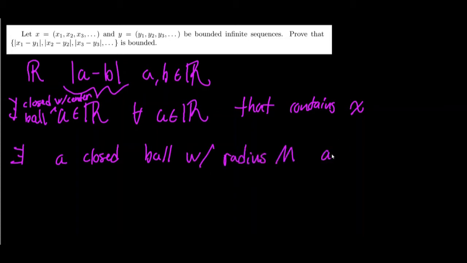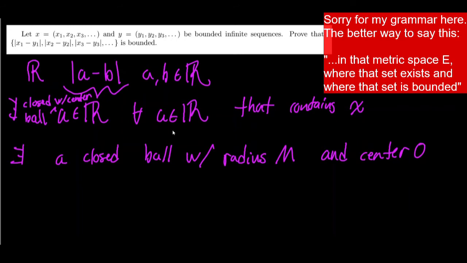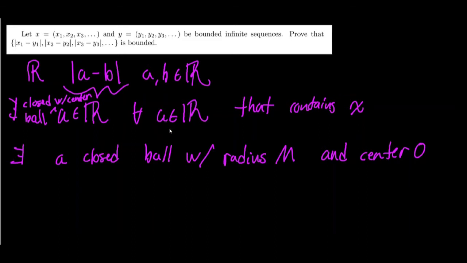With radius M and center 0. Remember, we've proven in that separate video that if a set is bounded, then for any A in the metric space in which that set is bounded, there exists a closed ball with center A that contains that bounded set.